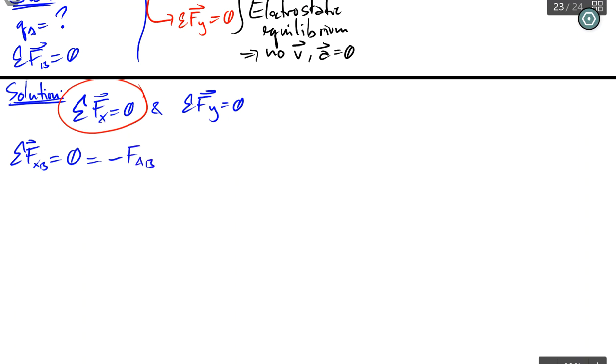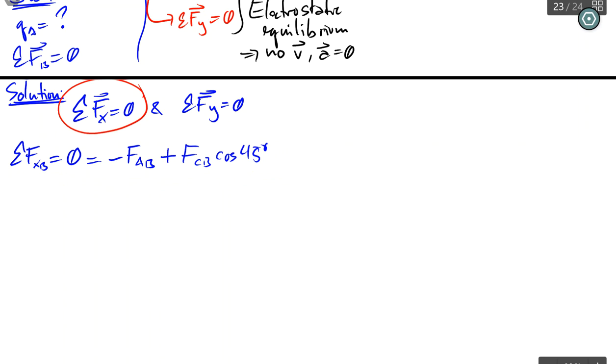I'm actually not going to write the signs. It's going to take that into consideration already. And plus, since it's FCB cosine of 45. And take note, we're going to take that as the equation.